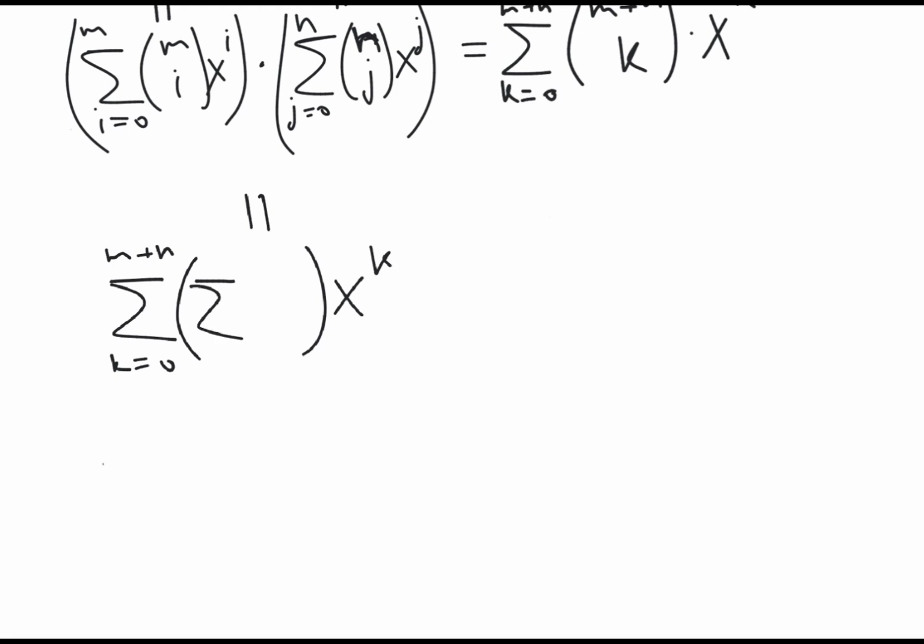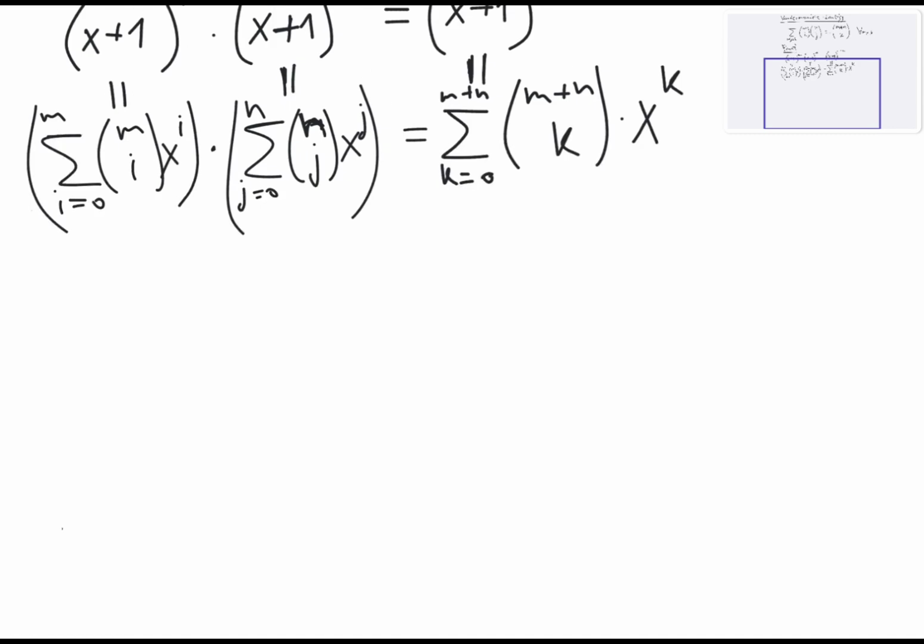So the sum for i plus j equal to k, this coefficient is alpha i, like in the notation that I gave for the general polynomials, and this is beta j. So m choose i and n choose j, with i plus j equal to k.